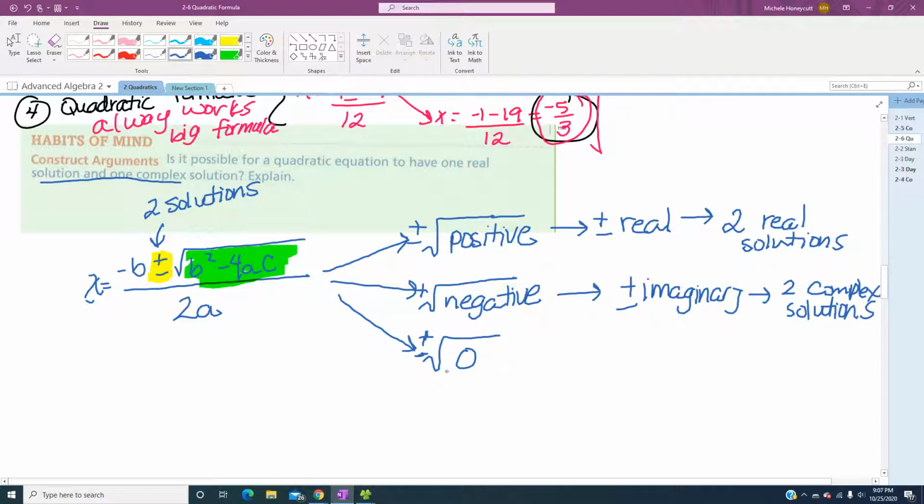And then if you take the square root of 0, you're just going to get 0. And plus or minus 0 is still 0. And how many solutions is this? This is just one. This is one real solution.